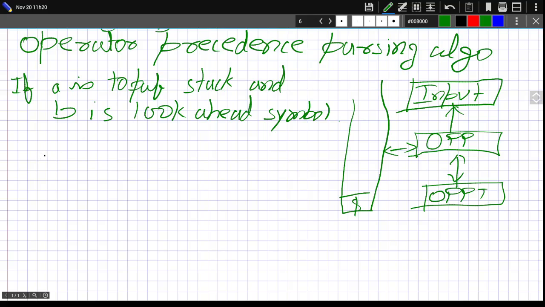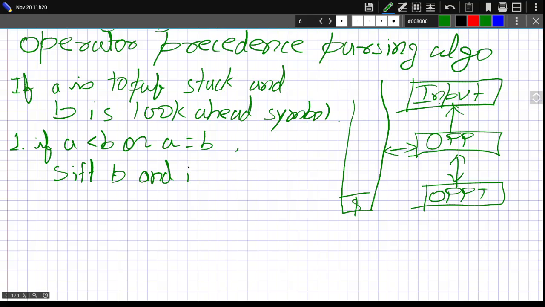If A is less than B or it is greater than B. First condition, if A is less than B or maybe A is equal to B, in that case you will shift this B, which is from the input stream, and increment the input pointer. Right?